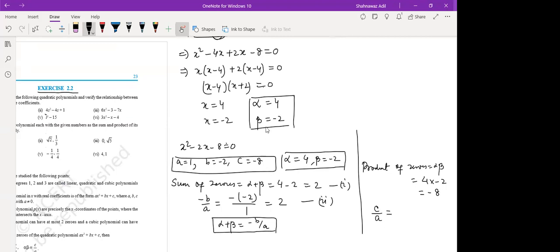C by a is minus 8 by 1, so this is minus 8 again. So this is equation third, and this is fourth. From third and fourth, we can say that alpha into beta is c by a, right?